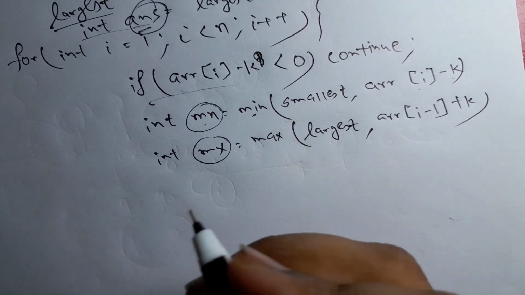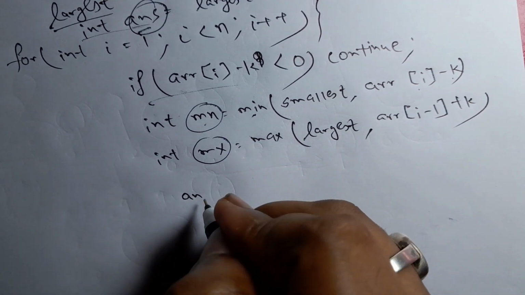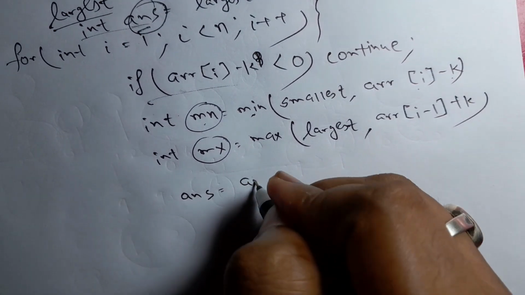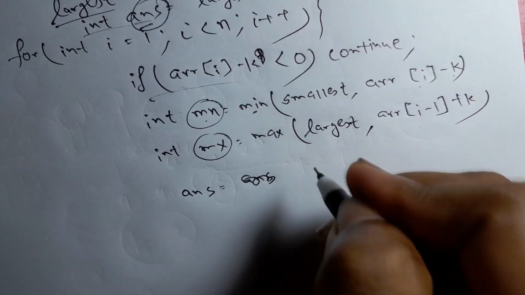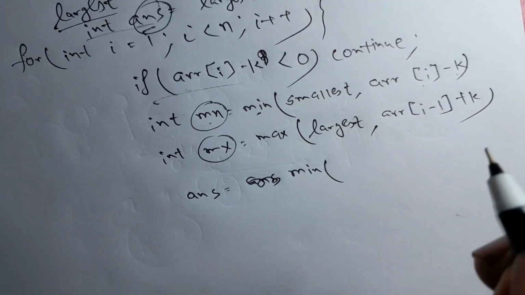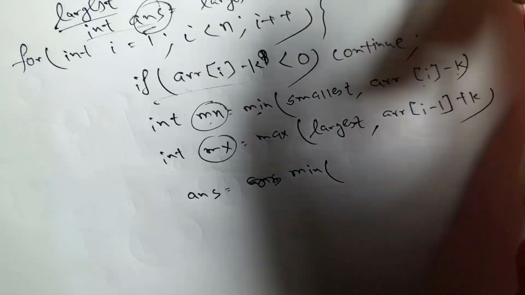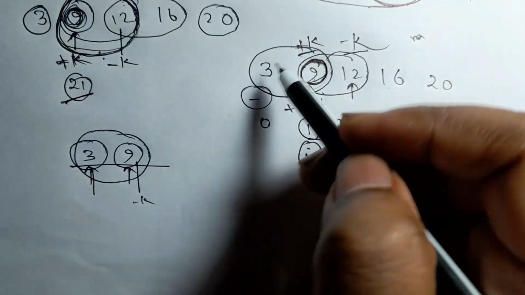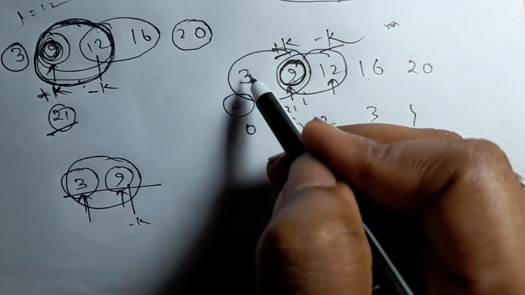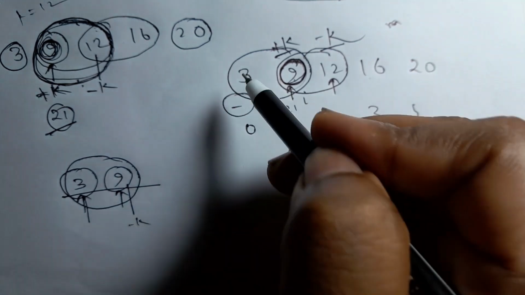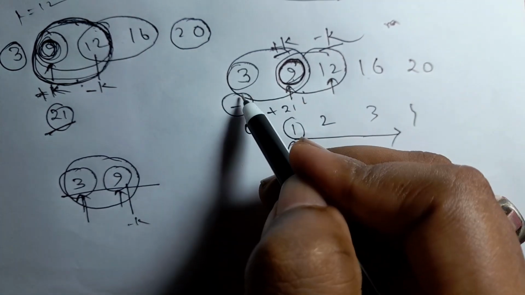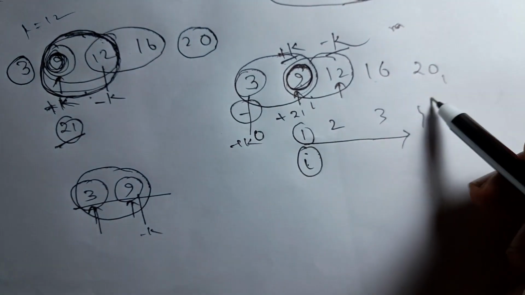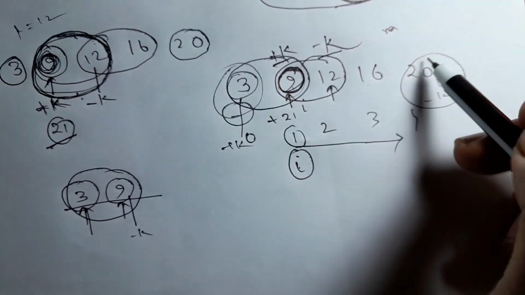Okay, now we have got which is the minimum and which is the maximum. Then simply we will do answer is equals to min of answer, because we have to calculate which is the minimum difference between the smallest and largest. Suppose after operation 3 plus k and 20 minus k will be the smallest and largest element.